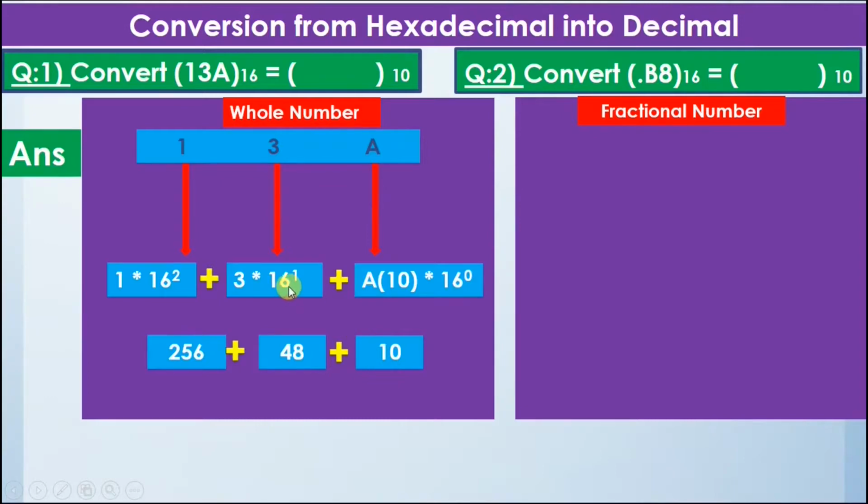Next, 16 raised to power 1 is equal to 16 and 16 into 3 is equal to 48. Next, 16 raised to power 2 is equal to 256 and 256 into 1 is equal to 256. Once we add them all together, we get the final answer 314.